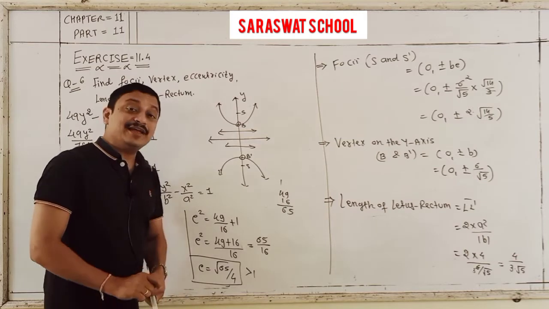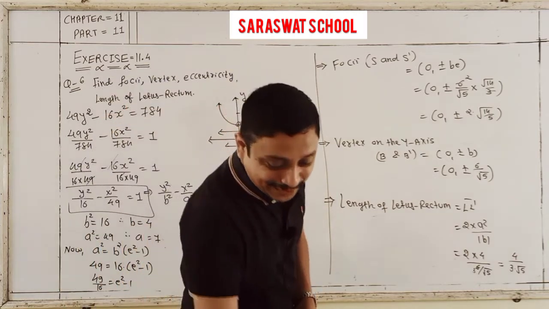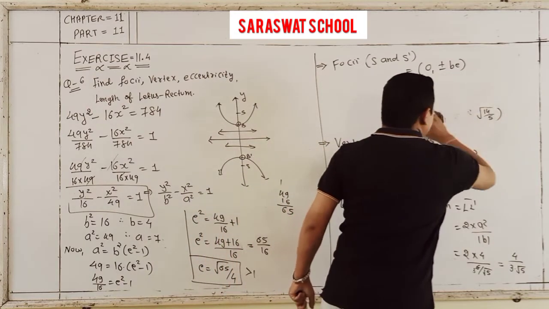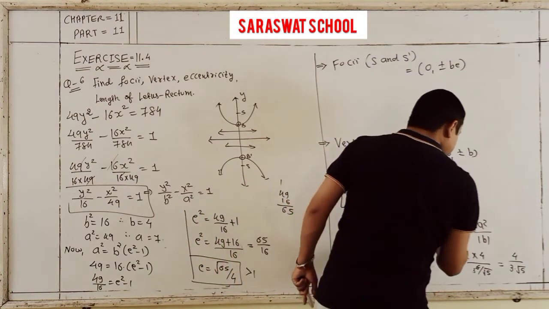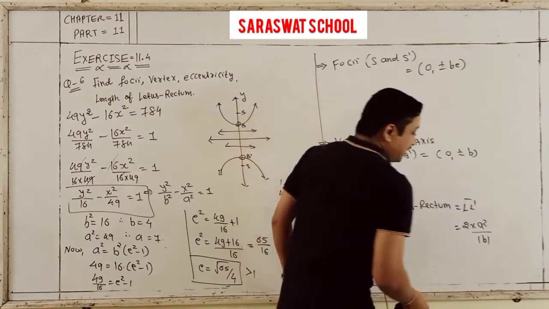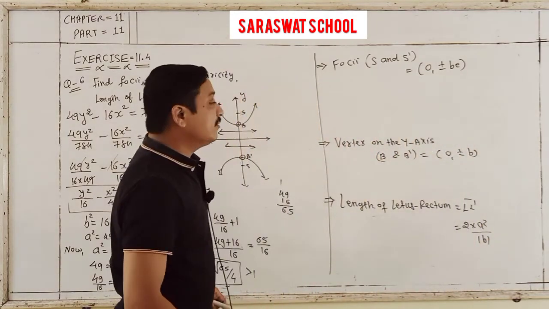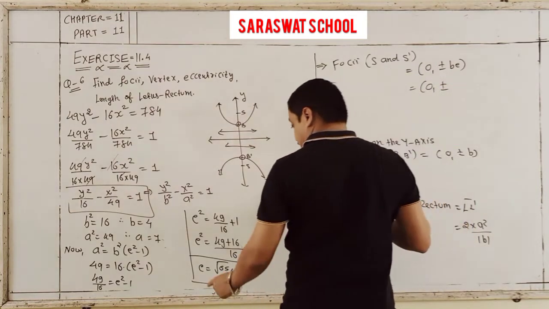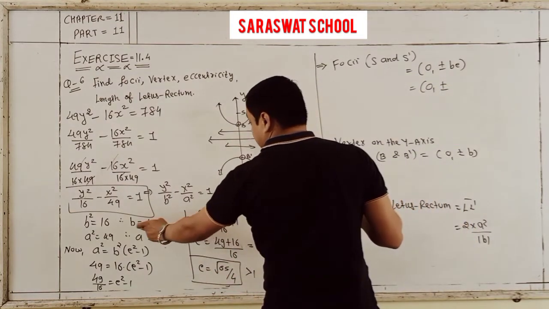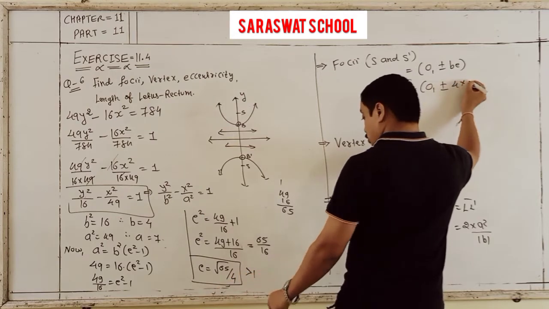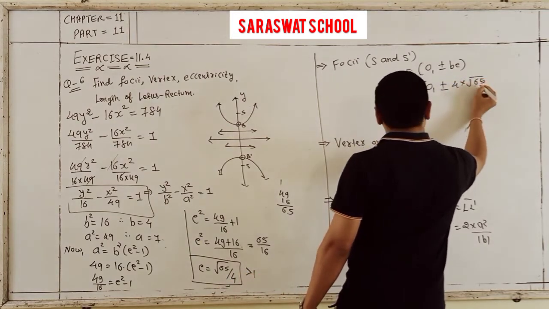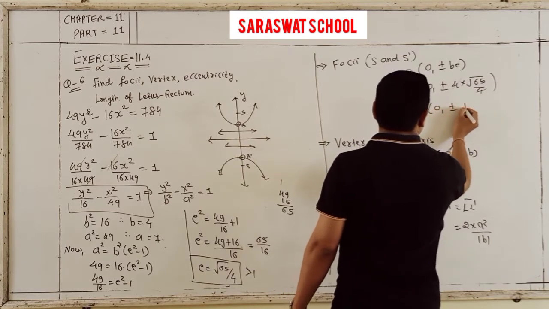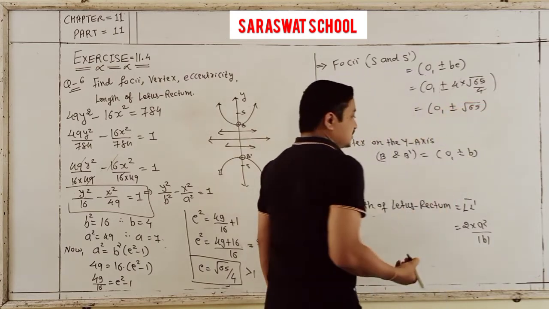Root 65 by 4. Now other formulas: you know that the focus is on the y axis, same as the axis, and the length of latus rectum. So I go ahead, focus 0 comma plus or minus b e. What is b? I have known that b is 4, and e is root 65 by 4. 4 gone. It gives 0 comma plus or minus root 65.